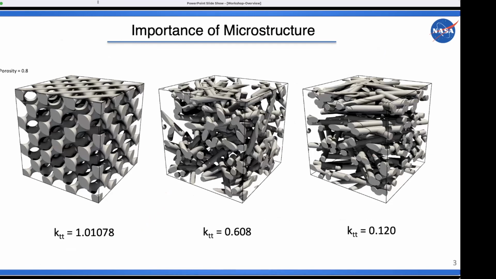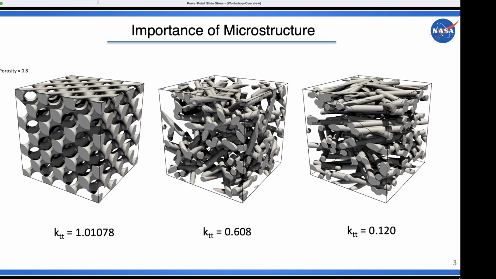And again, I assume to this audience, I don't really have to explain why microstructure is important, but again, in case there are any students kind of new to the field, I generated a couple different microstructure samples here in PuMA. All of them have the same material and the same porosity, and then I calculated the through thickness thermal conductivity, and you can see for what, zoomed out at the macro scale, would look like the same thing.